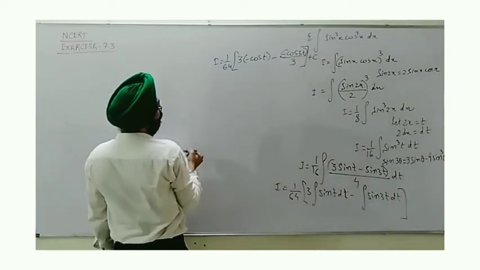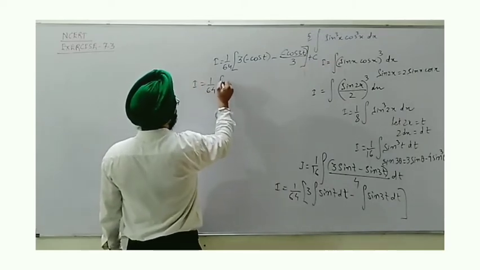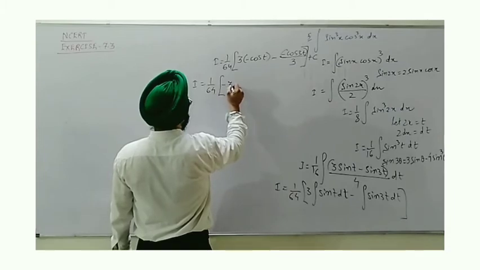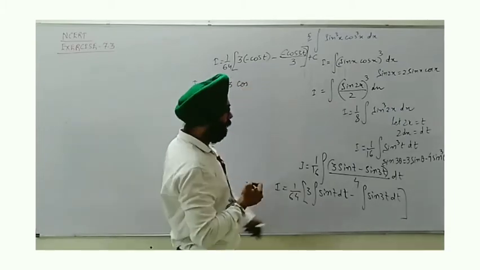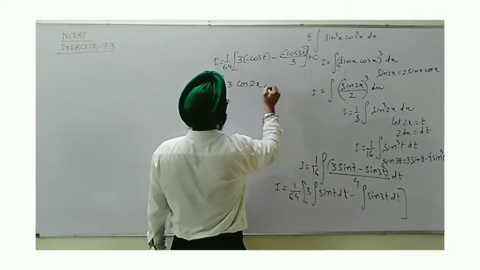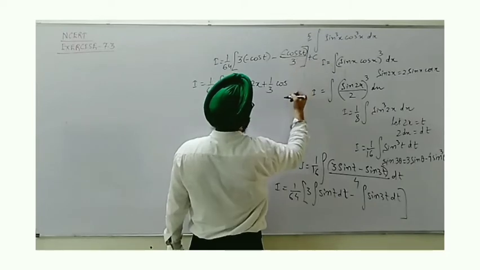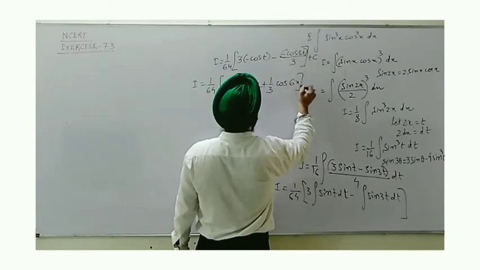Now the only thing left is to replace t by the value. We have taken t as 2x, so this is minus 3 cos 2x plus 1 by 3 cos 2 into 3, this will become cos 6x plus c.